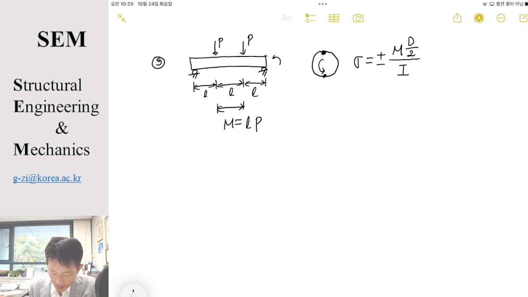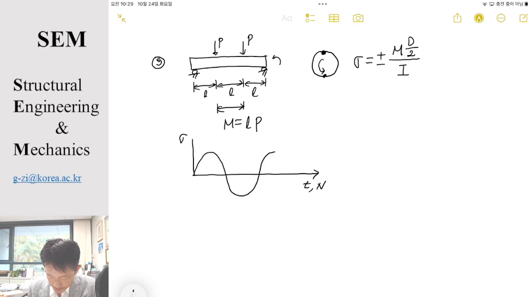So if you plot the change of stress by number of rotations or time, it can be time or the number of loading cycles, then we have the change of stress like a sine curve. The magnitude of the change is called the stress range.